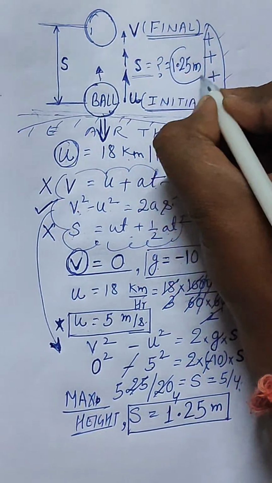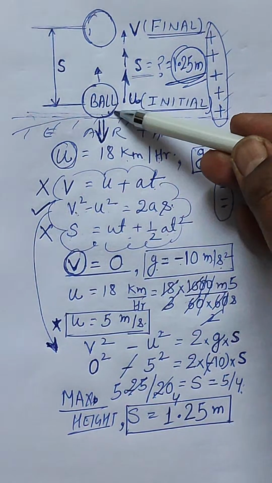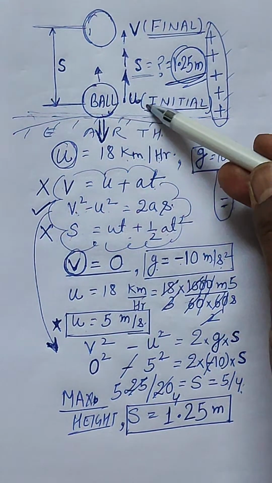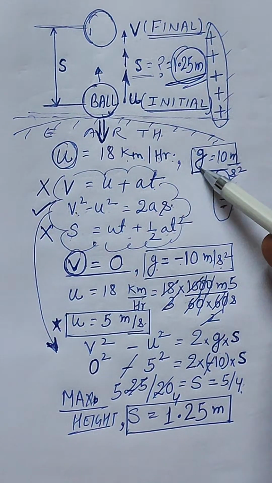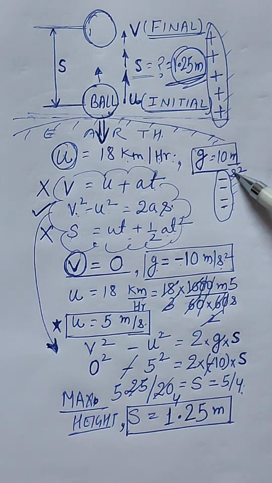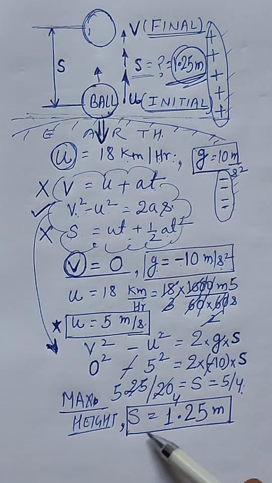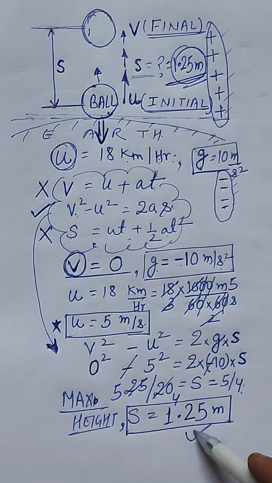S is 1.25 meter, my dear friends, when this ball is kicked off or thrown with an initial velocity of 18 km per hour and with an acceleration due to gravity given as 10 meter per second square. This will be the maximum height attained by the ball, right? And this is our answer, my dear friends.